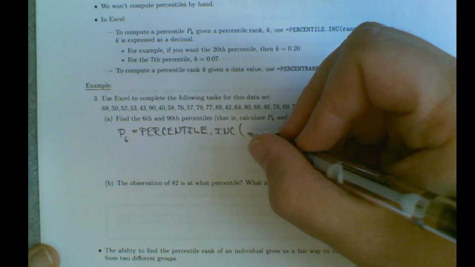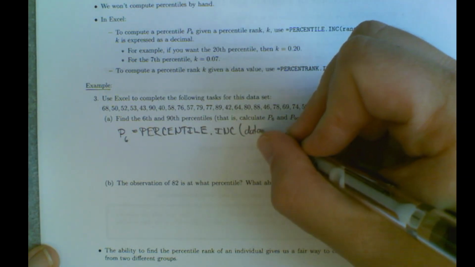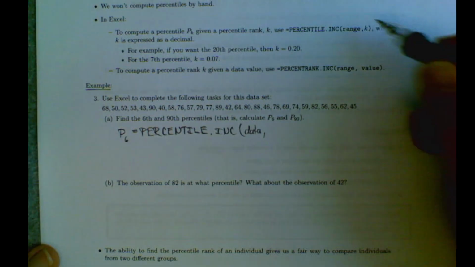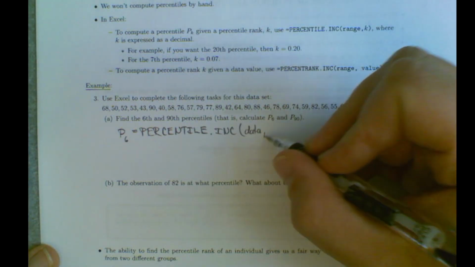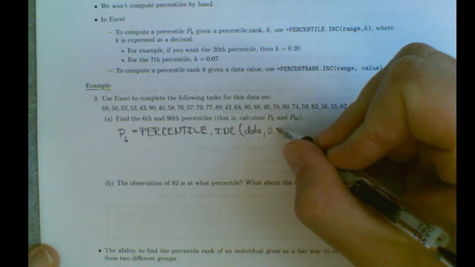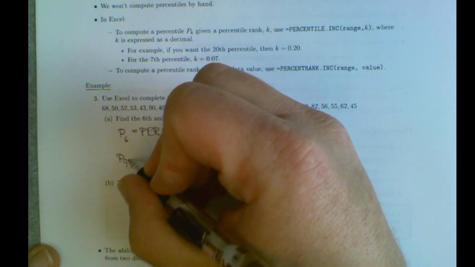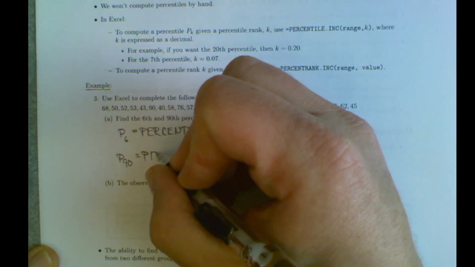Then we'll open up a set of parentheses. We'll choose our data, and then we will put in the percentile rank. We want the 6th percentile, so I'm going to enter that as 0.06. And we'll see what Excel gives us. P90 would be similar.